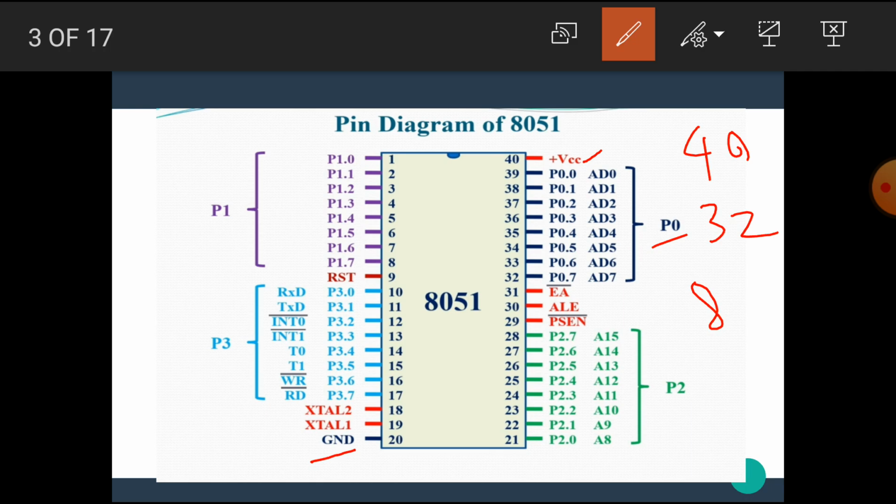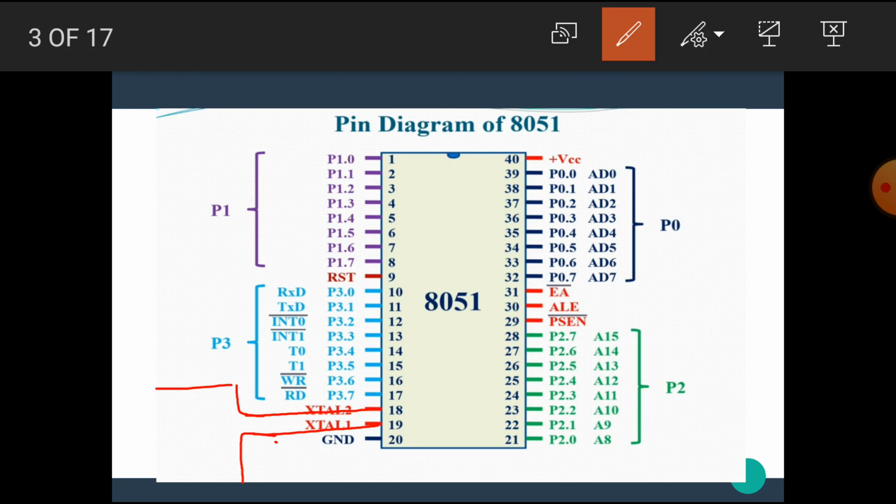The XTAL1 pin and XTAL2 pin, these pins are used to provide a clock source to the microcontroller. For that purpose, a quartz crystal needs to be placed between these two pins. Here, a quartz crystal is placed along with the resistors.